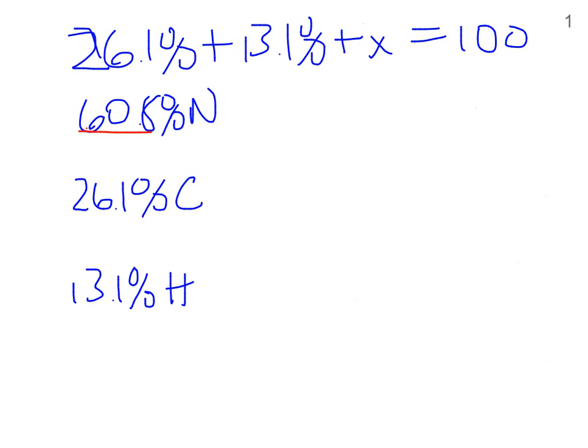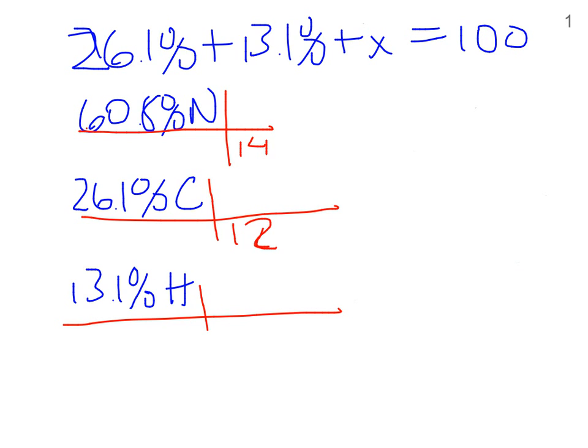So that's going to be 14, 12, and 1. Remember, on the top of each is just 1 mole, and obviously on the bottom of each is grams of each element.